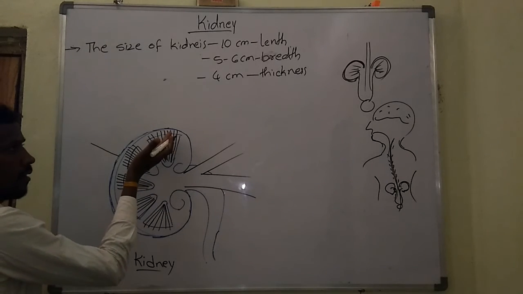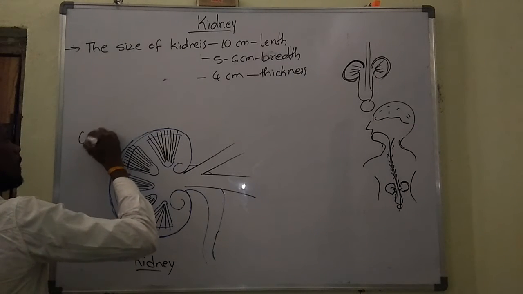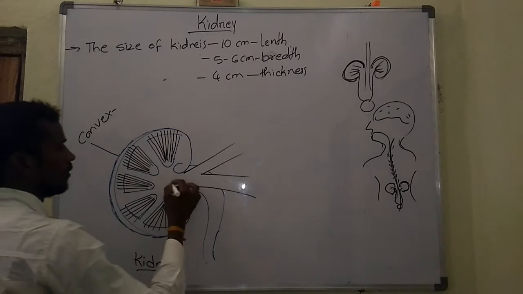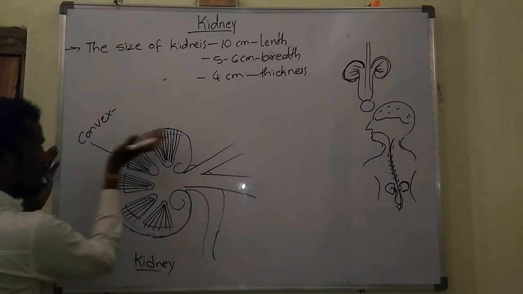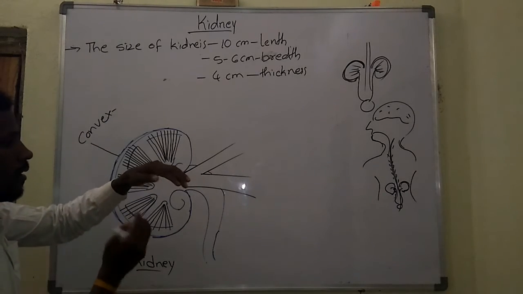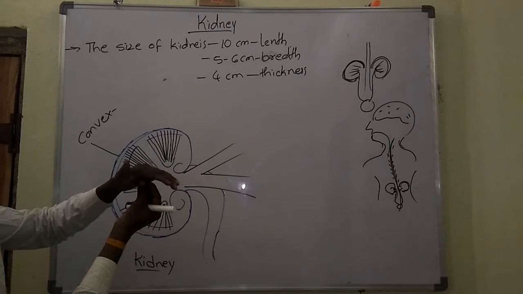Each kidney is convex on the outer side and concave on the inner side. This is like a spoon. Look at here, the outer side is convex and the lower side is concave.